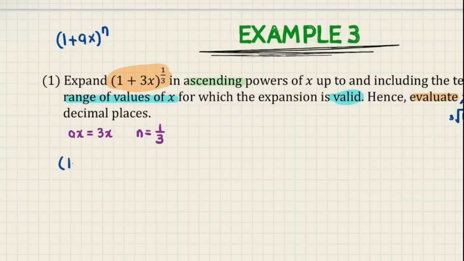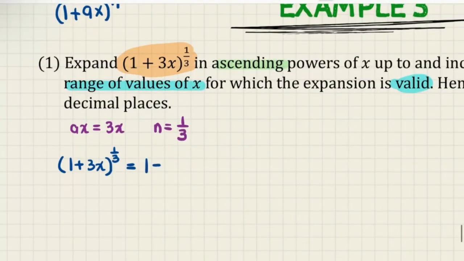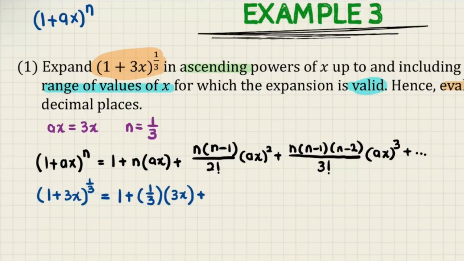So 1 plus 3x to the power of 1 over 3 will be equals to 1 plus N. N kita adalah 1/3. AX adalah 3x plus. Okay. So buat dalam bentuk fraction dahulu.